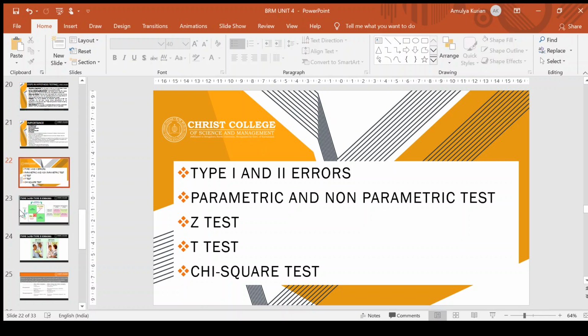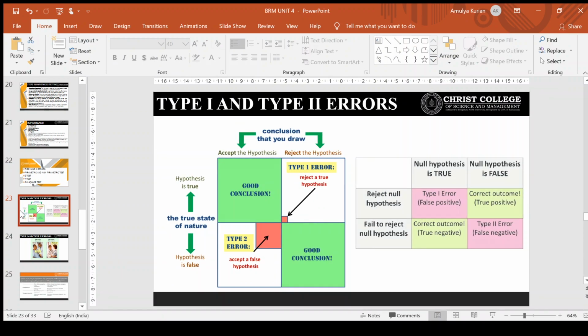In the different types of hypothesis which we looked upon in the previous modules, we came across what you mean by null hypothesis and the H1 hypothesis, H0 which is the null hypothesis and H1 which is the alternative hypothesis. Type 1 and type 2 errors.